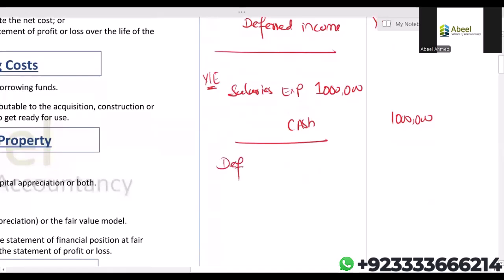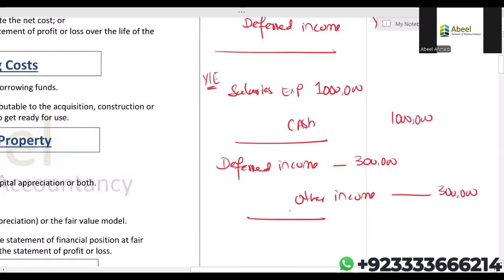Simply, you can debit the deferred income and credit other income. Obviously, in the P&L, there will be a salary expense of 1 million and other income of 3 lakh. The net impact is that your P&L will be debited by 700,000.